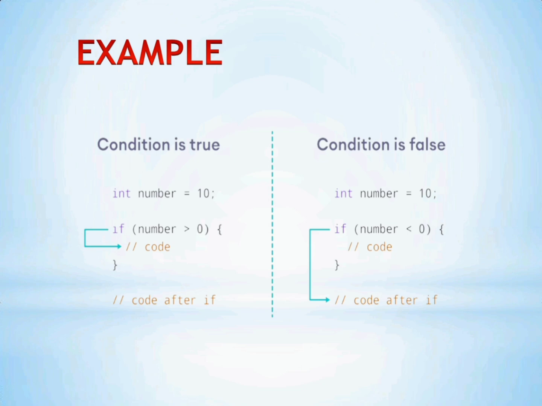Now let's come to the second one. See the condition part. If number less than 0, that means if 10 is less than 0, the condition is false. So in the first statement, the output will show that the statement is true.